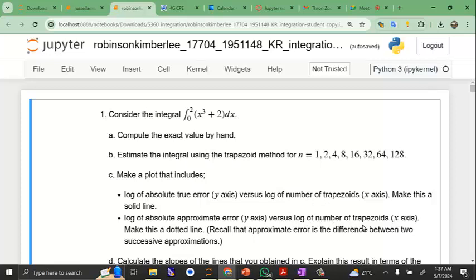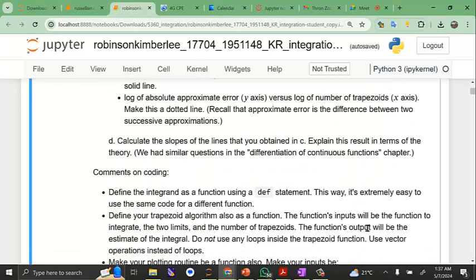Now, a good sanity check is that your approximate error is always bigger than your true error. It's not always bigger, but it's usually bigger. If it's not, then there's probably something wrong. Okay. So then you get the slopes. So you can see why I ask you to compute the slopes and explain this result in terms of the theory.